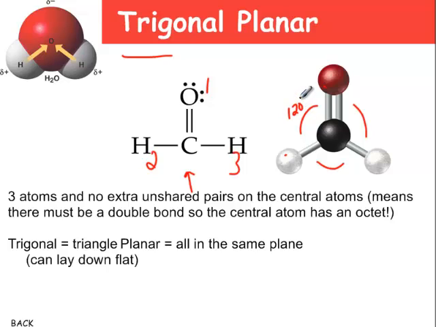There's 120 degrees here, 120 degrees here, and 120 degrees here. How did I get 120? What's 360, a whole circle, divided by 3? Isn't it 120? So when you only have 3 regions, 3 electron clouds, remember these are all negative, they all repel each other. When you only have 3, they spread out like this.